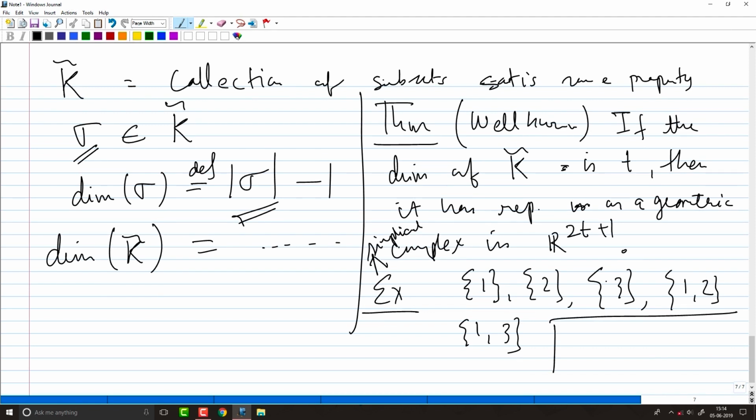What will be its geometric representation? One geometric representation will be 3 vertices, let us call them 1, 2, 3, with edges 1, 2 and 1, 3. So, I want a representation like this.